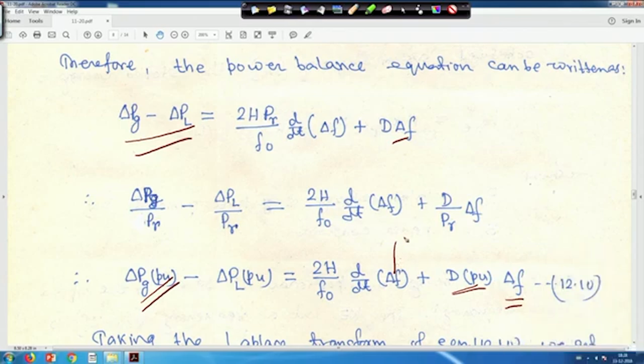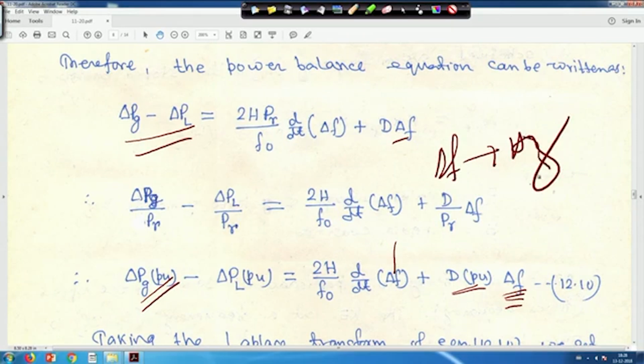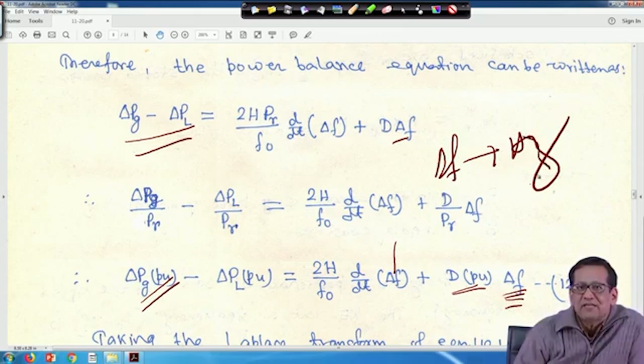If you bring F0 inside, 2H d dt of delta F upon F0, then it will become per unit, but you have to take care of that. So, better we should not do that. Everything is in per unit, but delta F is in hertz, and F0 is also in hertz. So, thank you very much, we will be back again.